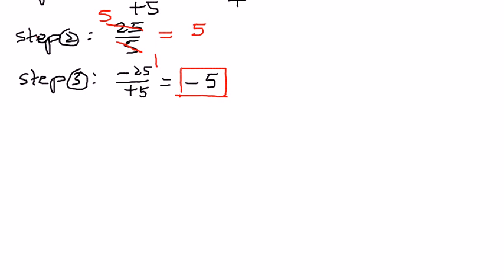So let's take another example. In this example, we will see how to simplify this. We want to divide these two numbers, positive 25 divided by negative 5 this time. We have a negative number in the denominator.